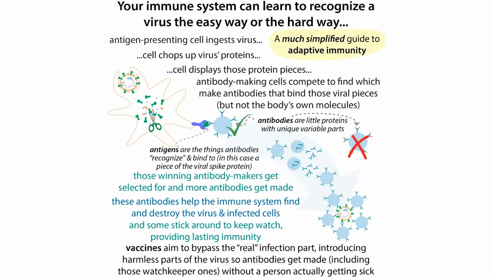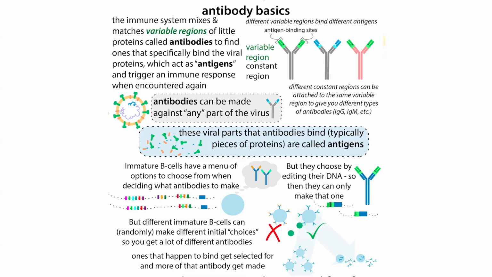But what happens is that antibodies are these little proteins that your body makes. They make these proteins kind of randomly, in that you have a bunch of these immune cells called B cells, which have the instructions for making antibodies, but they have a wide range of antibodies that they could make. And then each of those cells is going to combine its DNA in a way that makes a specific antibody.